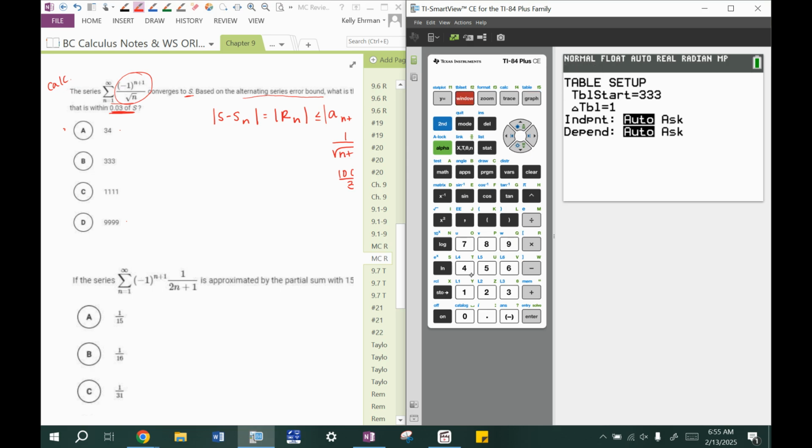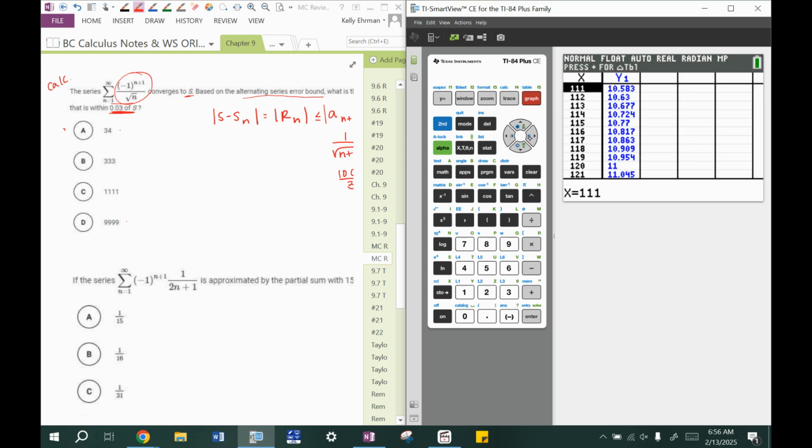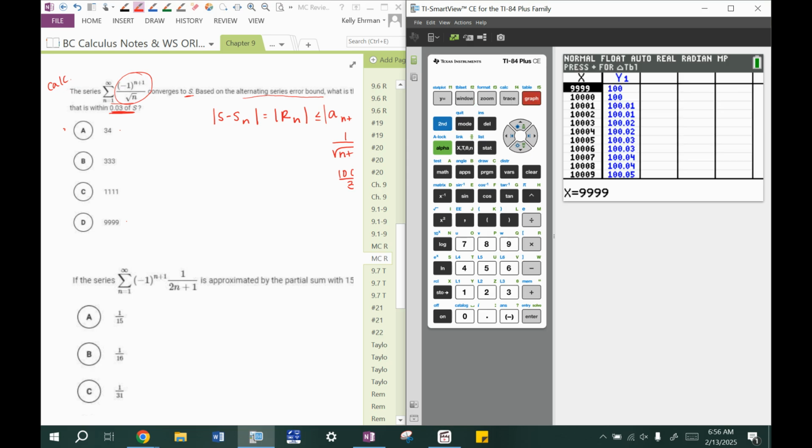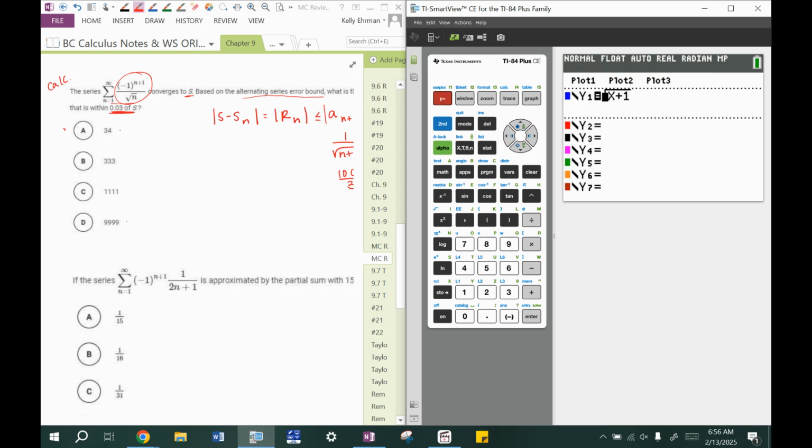Skip to 1,111. Okay. And skip to 9,999. Oh, wait. Now I'm missing something here because I don't have 100 over 3. What's happening? Oh, 1 over. Whoops.